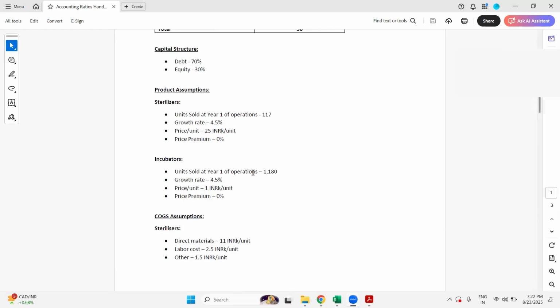So if I have assumed that in a whole year, in my first year of operations, I can sell 117 units of products, this is basically the assumption for 12 months of operations. Now, if you are not at 12 months of operations, then you will not be able to sell 117 units of sterilizers, right?